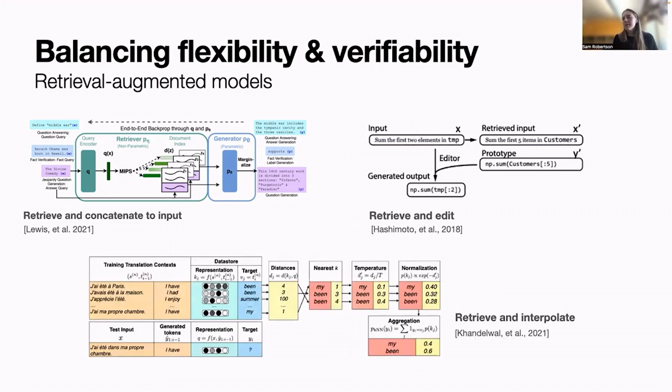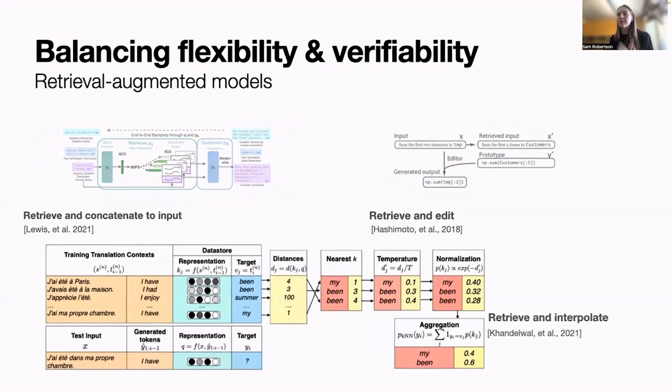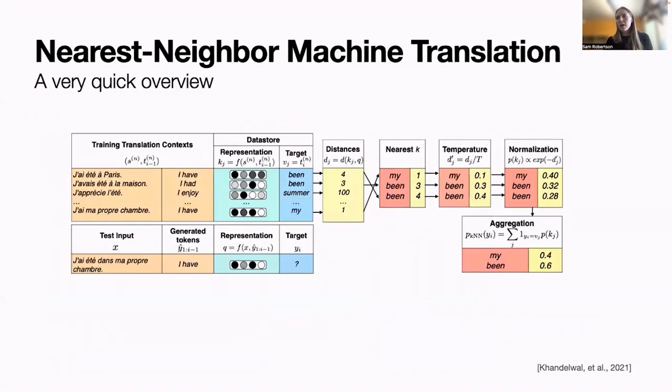And then another way of doing this is to retrieve a bunch of examples, make a prediction just based on those examples, and then interpolate that with your baseline model prediction. And I think all of these are interesting approaches. I think they each support different kinds of interactions and could be really interesting from an HCI perspective. But the one that I'm exploring at the moment is this retrieve and interpolate approach.